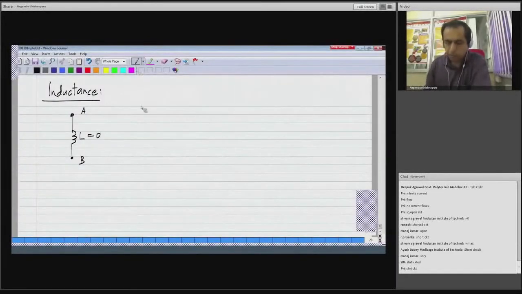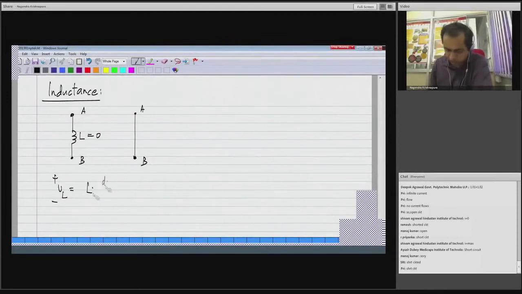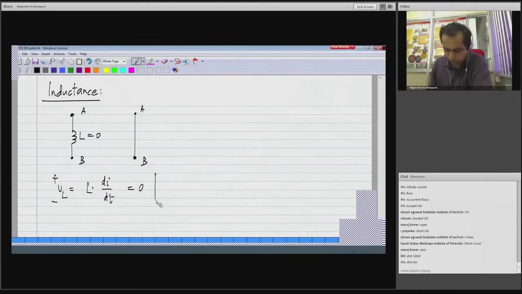As many people said, this will be equivalent to a short circuit between A and B, because the voltage across the inductor equals L times the time derivative of the current, and it will be 0 if L equals 0. So regardless of the current, the voltage will be 0. That means a short circuit.